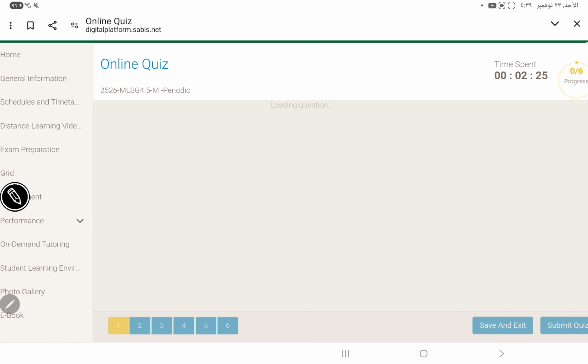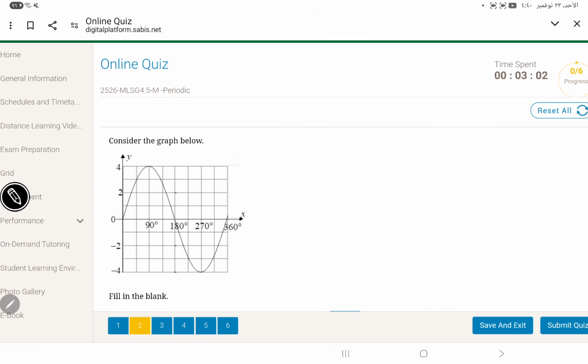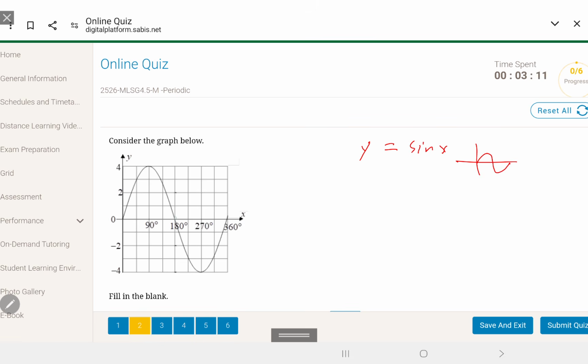Question number 2 now. Also here you can see that we have y equal to sine x. That's the parent function you have to use here. As you can see, the period is 360. So period is 360 and the amplitude is 4.